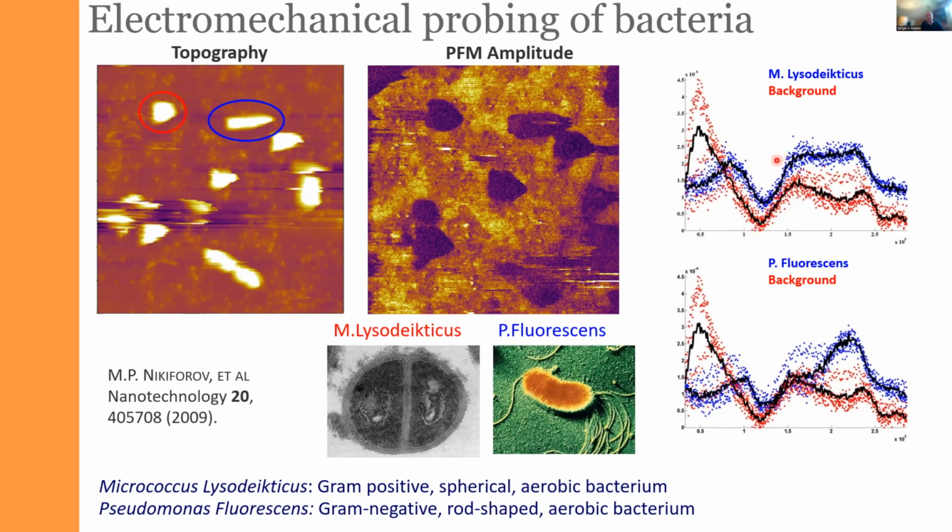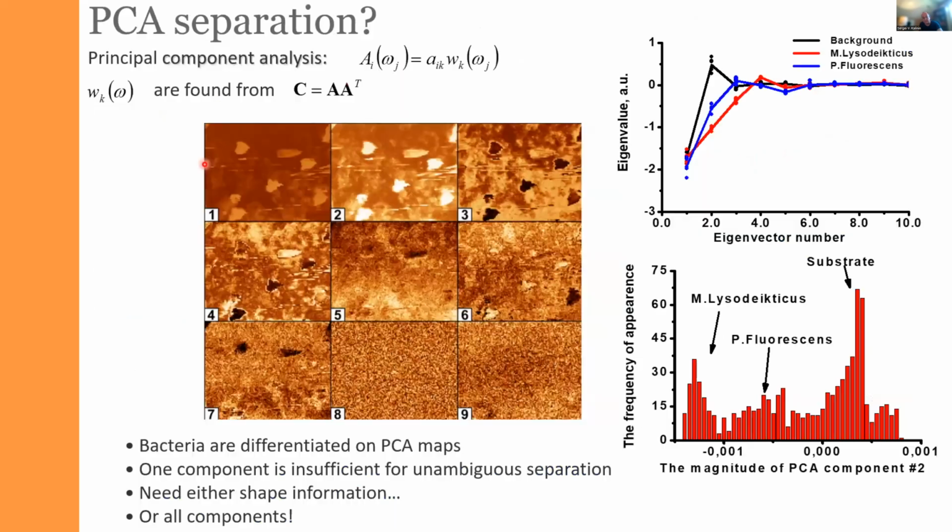The question is whether we can use this response to separate two types of bacteria. The reason we want to do that is because it is much easier to measure a spectrum here and here than to get a high quality image of the whole object. So measuring a local spectrum is an easier task than the visualization.